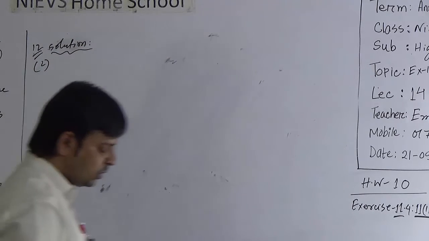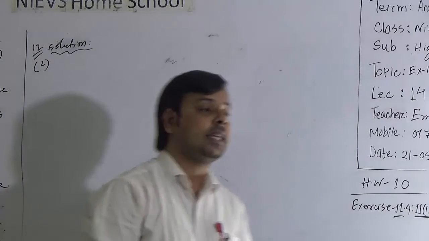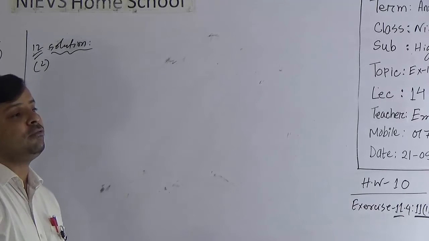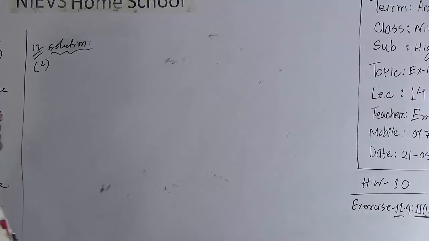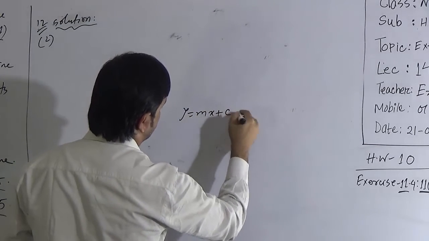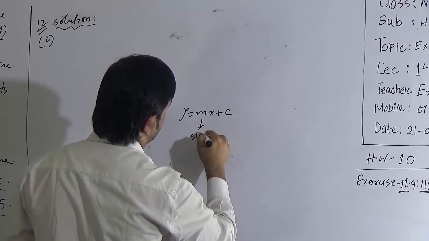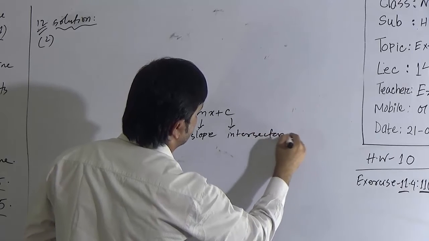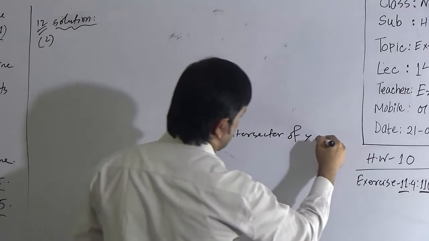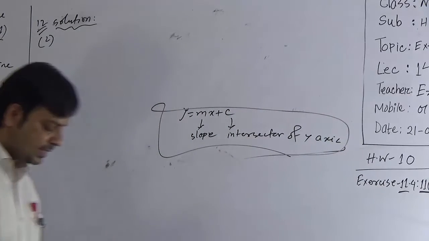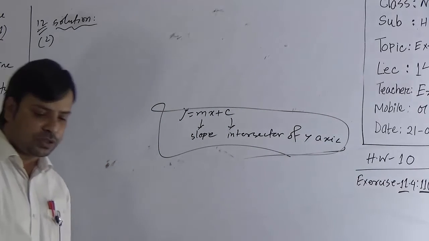Dear students, we know the equation of straight line. When the slope of the equation is m and the intercept of y-axis is c, then we know an equation that is y equal to mx plus c. Here m is the slope and c is the intercept of y-axis.